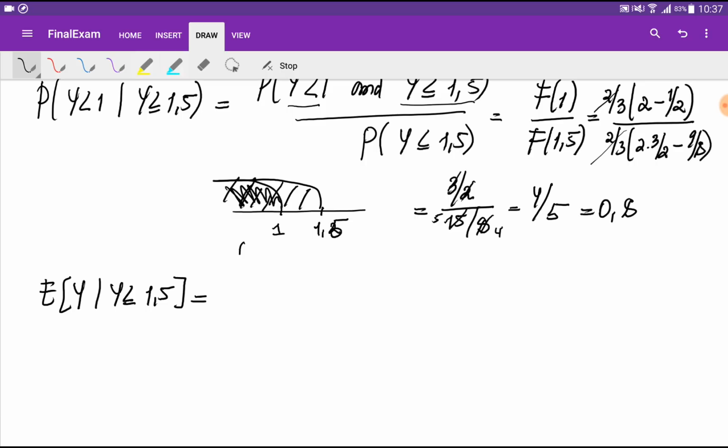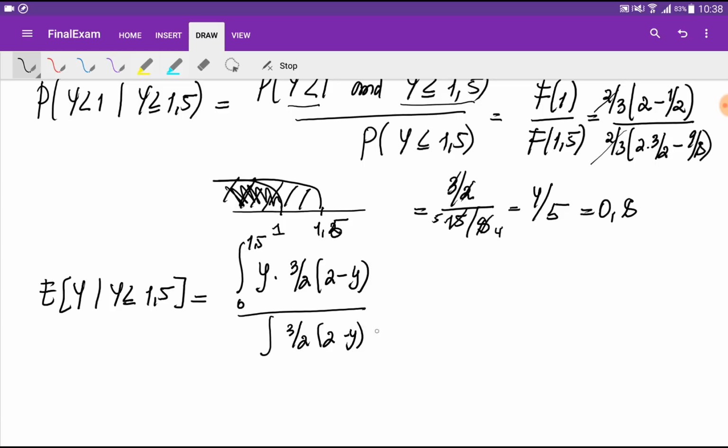It's going to be equal to the integration of y multiplied by the density function from 0 to 1.5, divided by the integration of simply the density function from 0 to 1.5.